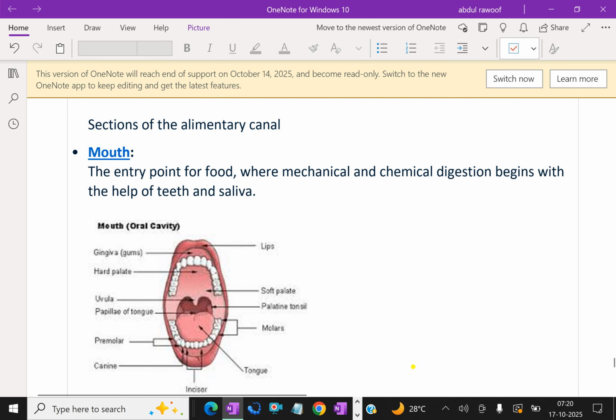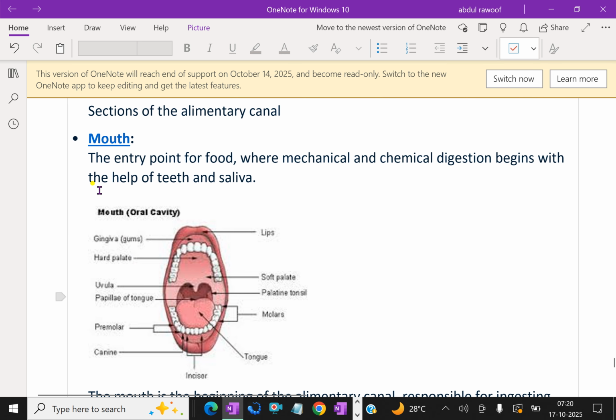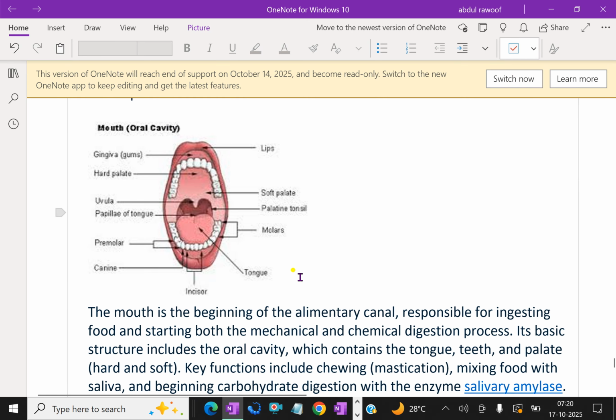Now, let us discuss further detail about the parts. Section of the alimentary canal: mouth, the entry point for food, where mechanical and chemical digestion begin with the help of teeth and saliva. The mouth is the beginning of the alimentary canal, responsible for ingesting food and starting the mechanical and chemical digestion process.